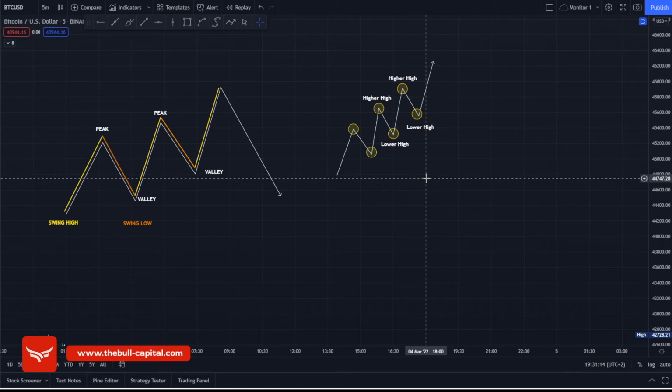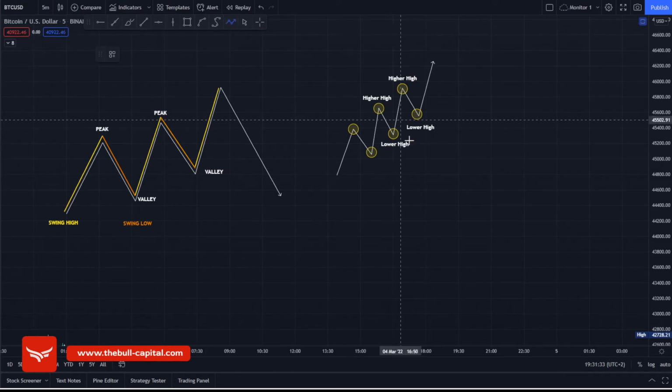Now let's talk about lower high and lower low. It's actually the opposite of higher high and higher low. Okay, let me draw here also.